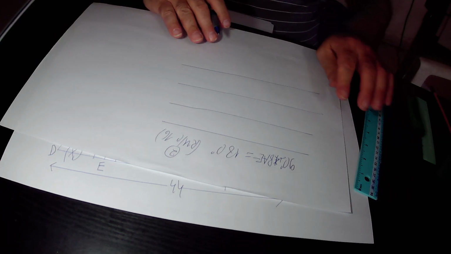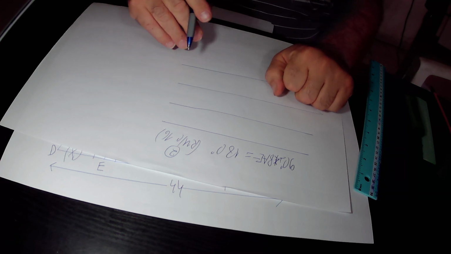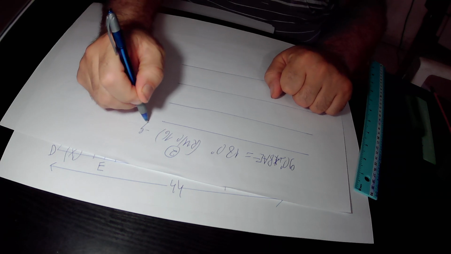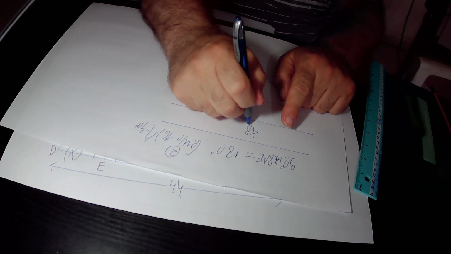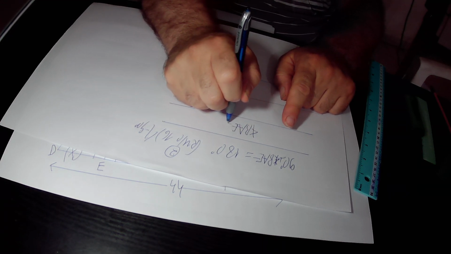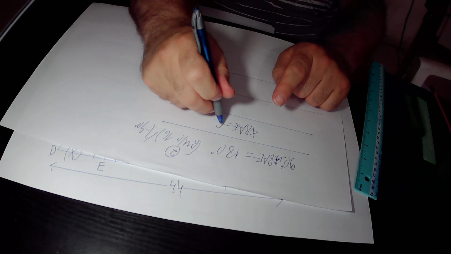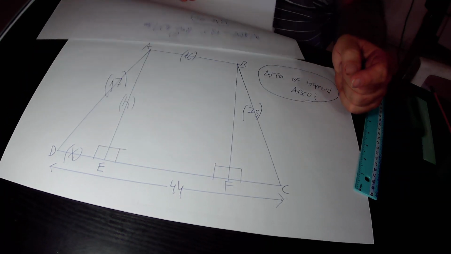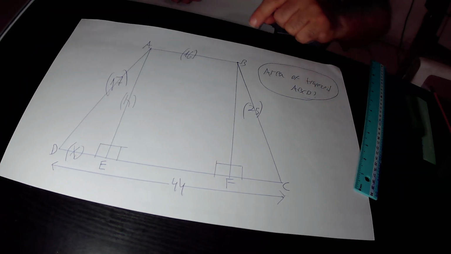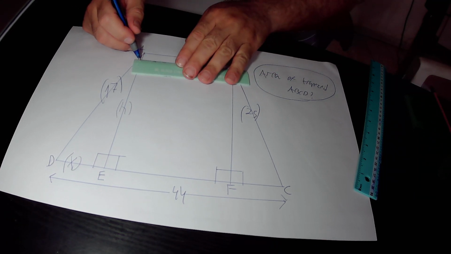So 90 degrees plus the missing angle BAE in total must be equal to 180 degrees. Here we subtract 90 degrees from this equation, and finally we get that the missing angle BAE is equal to 180 degrees minus 90 degrees, which is 90 degrees. Okay. This is the missing angle BAE that is equal to 90 degrees in its size.